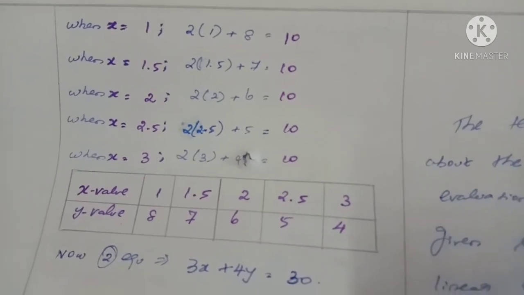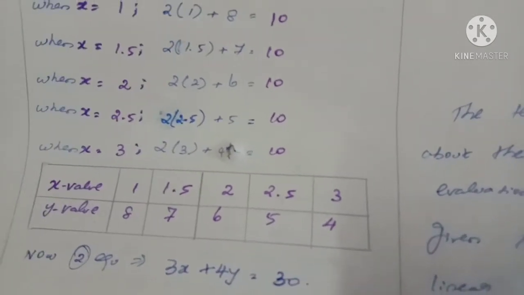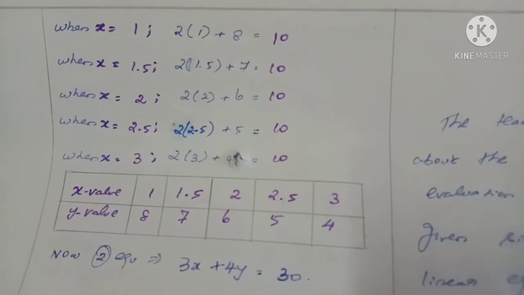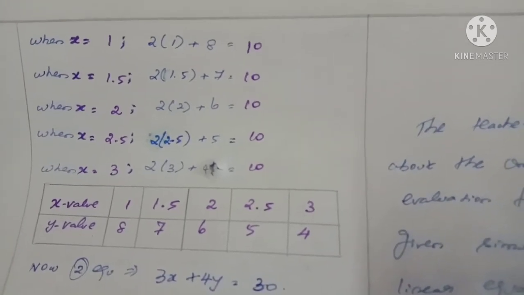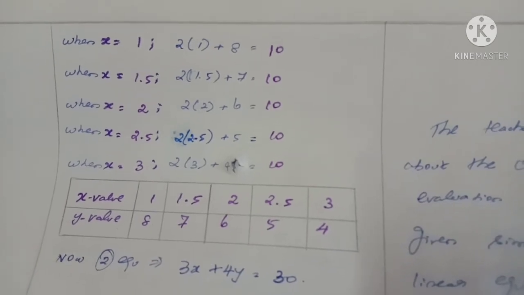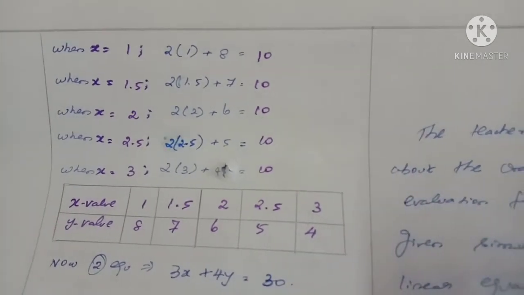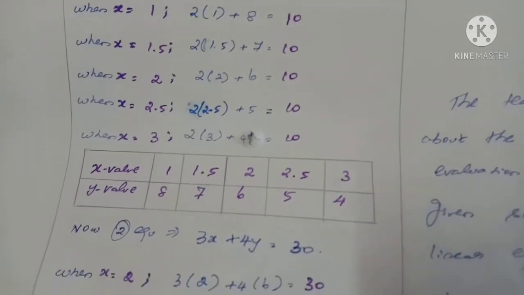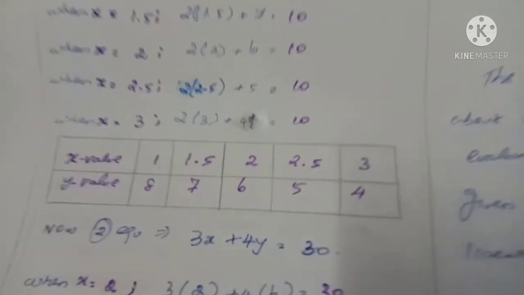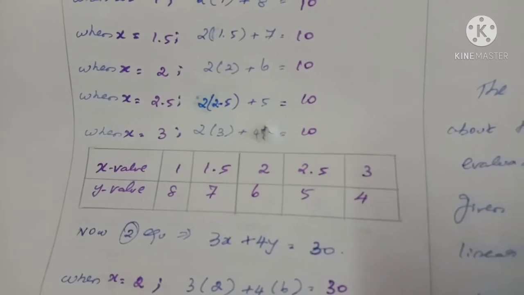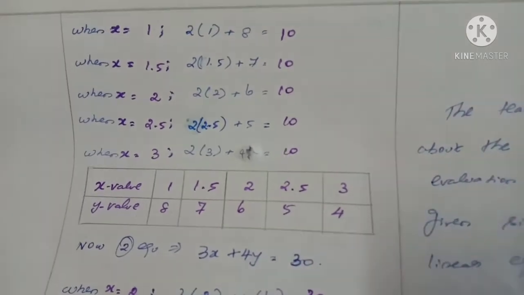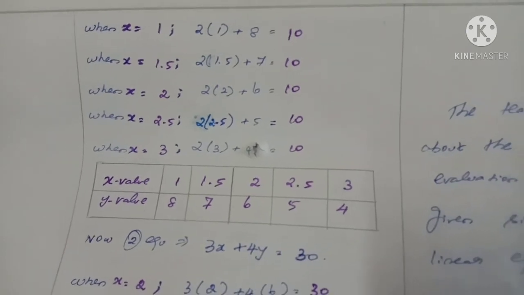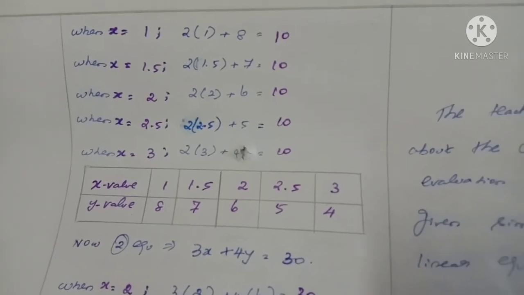When x equal to 2.5, 2 times 2.5 plus 5 equal to 10. When x equal to 3, 2 multiply 3 plus 4 equal to 10. Then we have to write the x and y values. The x values are 1, 1.5, 2, 2.5, 3. Then the y values are 8, 7, 6, 5, 4.